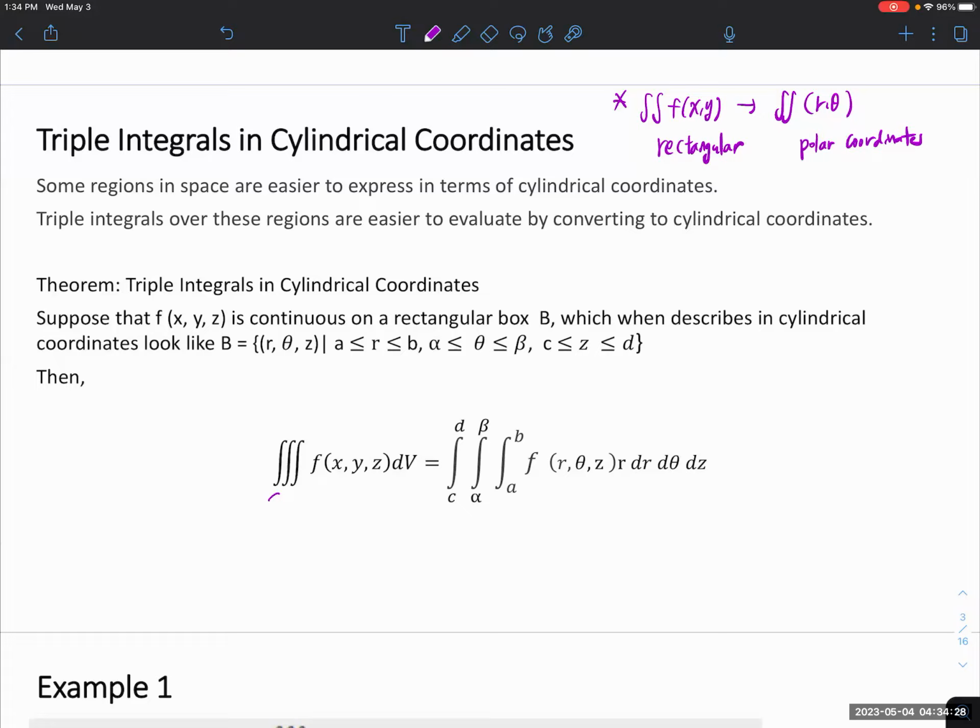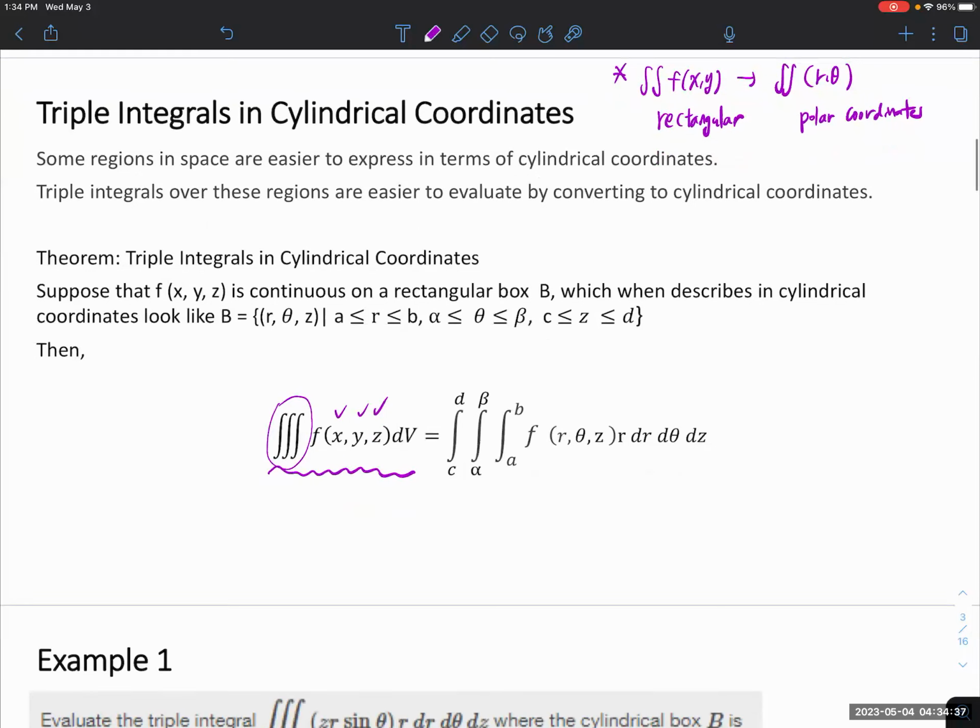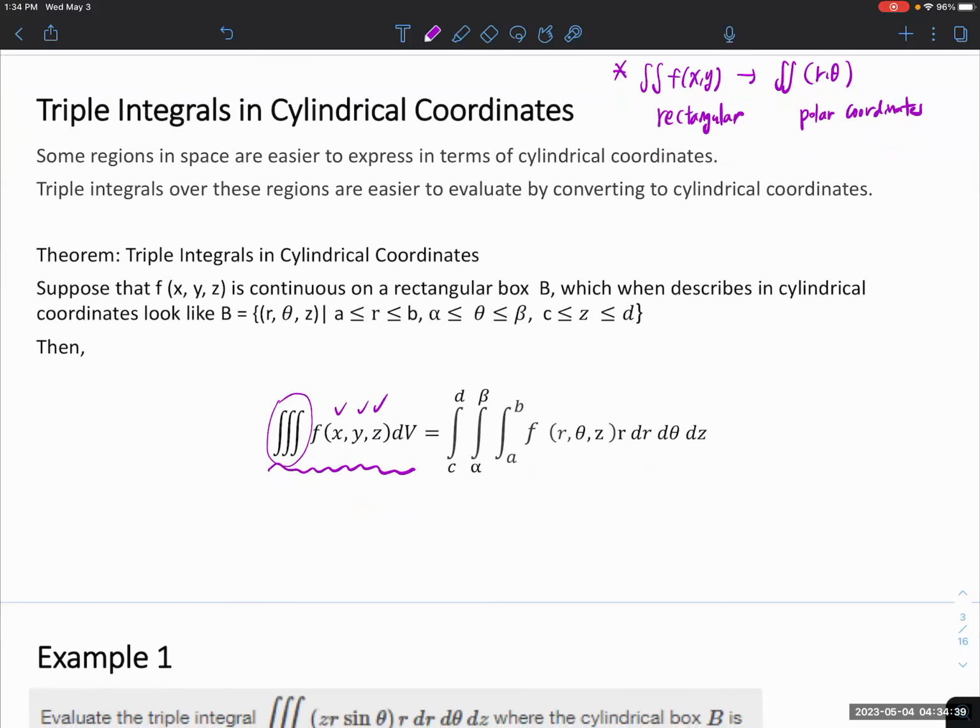So let's say now we are dealing with three variables. That's why we have a triple integral, because you have to find each interval for x, y, z. And then you might want to convert to the polar coordinate system, but with three variables, we call it r, theta, z.